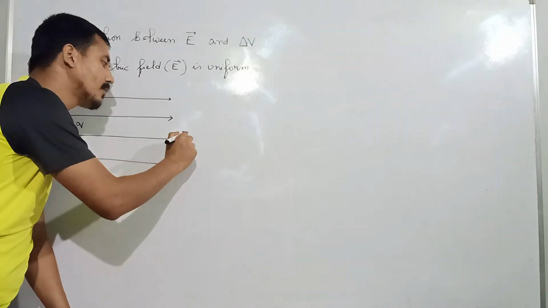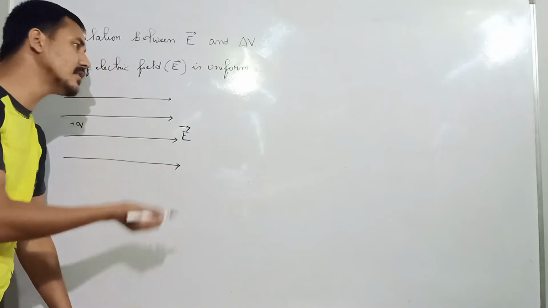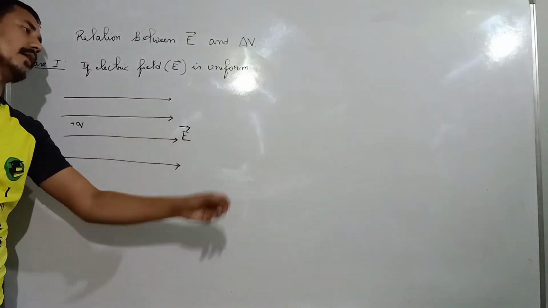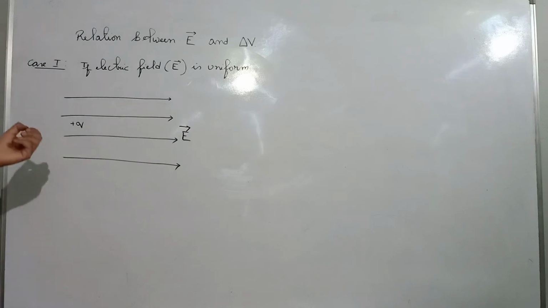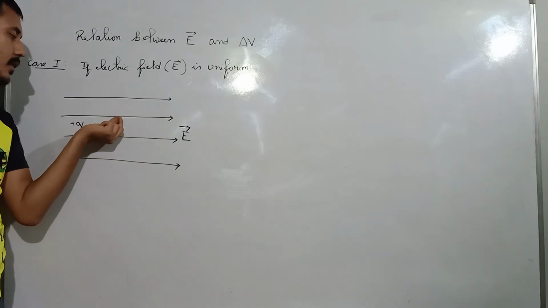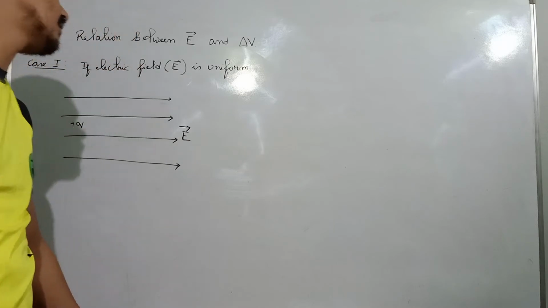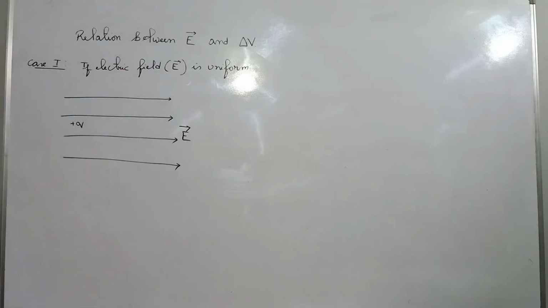If you place a positive charge inside a uniform field, then it will go in the direction of the field. If you keep a negative charge in this uniform field, then it will go away from the field. And we have used that concept when we were finding the expression for torque on a dipole placed in uniform electric field, if you can remember that. Okay, I can remember that.